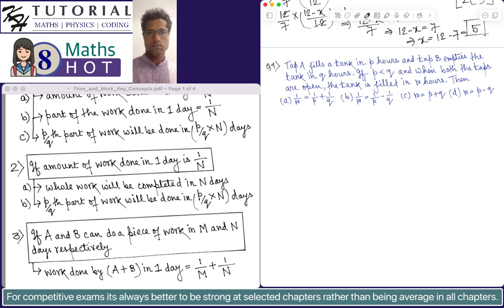This means that A is filling the tank more quickly than B is emptying the tank.